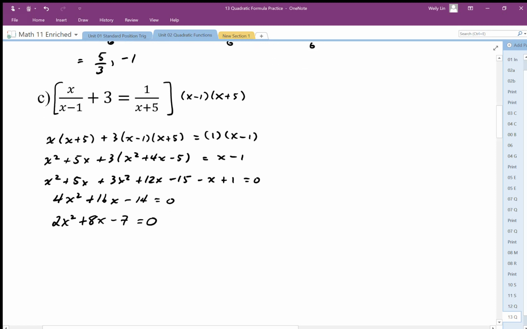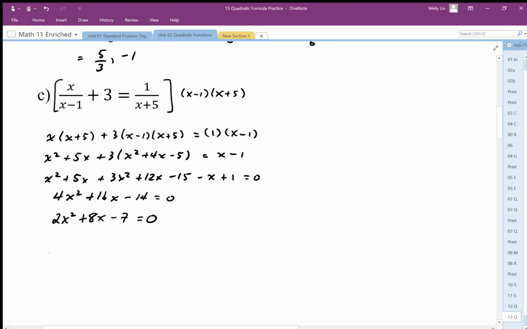Okay, and then I can plug into the quadratic formula. X is equal to negative 8 plus minus square root of 8 squared minus 4 times a times c, all over 2 times 2. Okay, and then simplifying that, it looks like it's going to be 64 plus 56.